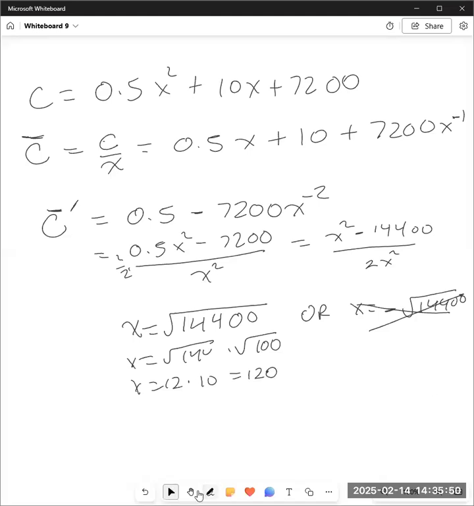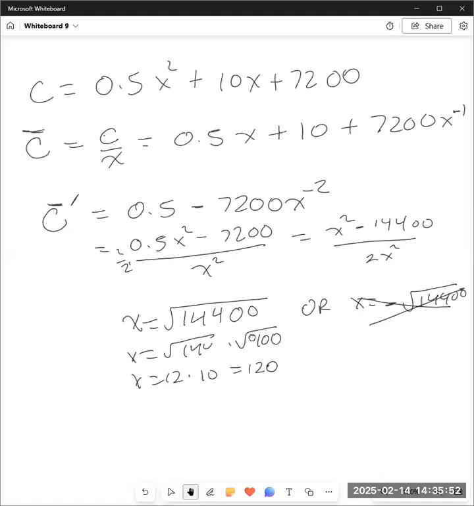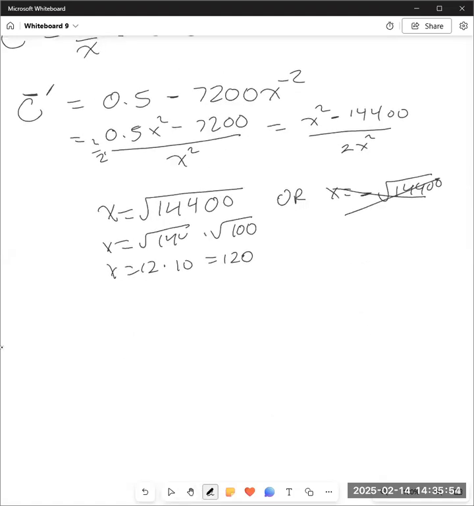Let's go ahead and see the second derivative now. C bar double prime is equal to positive 14,400x to the negative third, which is 14,400 over x cubed.